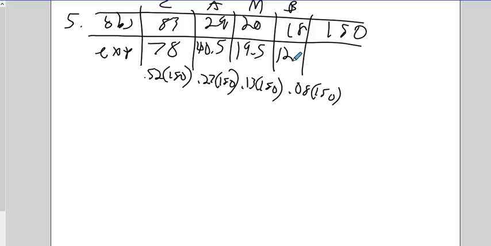Now, we're just doing the same thing. So notice how in 5 you had to go refer back to 1 to get the percentages to find the expected values. But now from there, we're just going to do the same math.